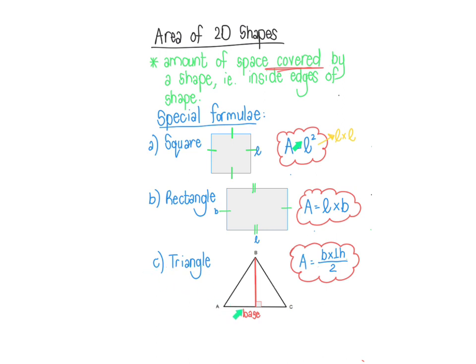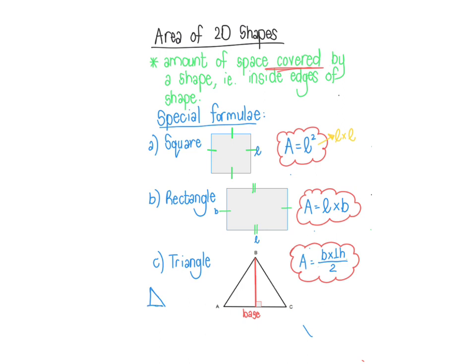Now for the triangle, it's base times perpendicular height divided by 2. Why this happens is, let me draw a triangle over here. The best way to explain this is with a right angle triangle specifically.